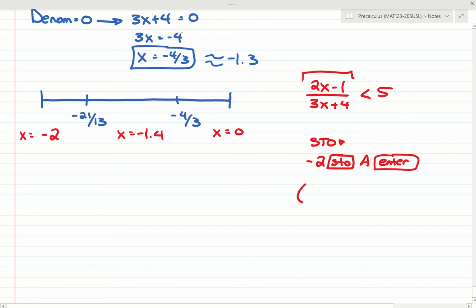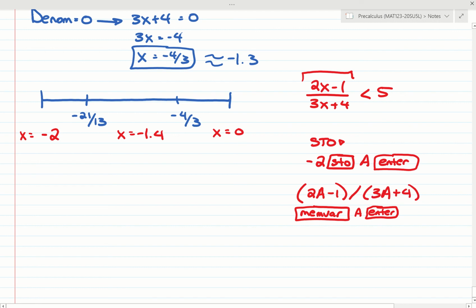Next thing I want to do is program my calculator to figure out this value. In order to get A on your calculator, we hit the button above it. It says memvar. We're going to go over to A and then hit enter. So I'm going to type 2A - 1 divided by parentheses 3A + 4.